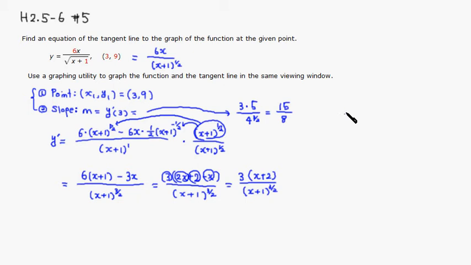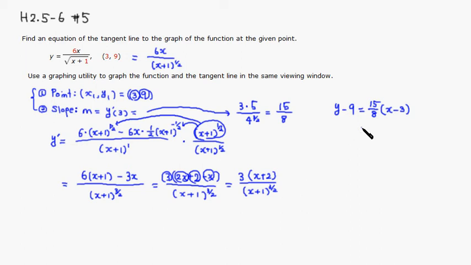Now we have an equation. It's going to be y minus y1, which is 9, equal to 15 over 8, that's the slope, times quantity x minus x1, which is 3.